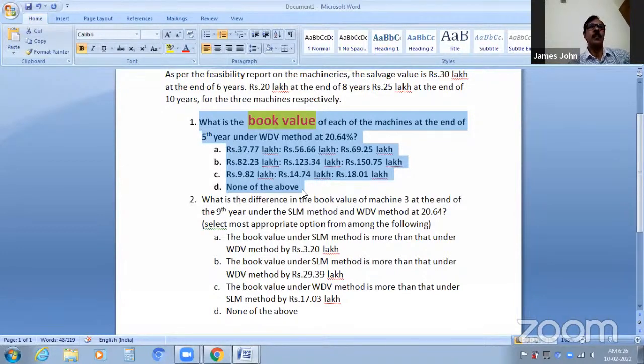Total depreciation. Actually, you taught us year-wise, sir: first year this much is the depreciation, second year this much. Yes, in the last class I taught you that. It is the same, but there you have to calculate every year: first year, second year, third year, fourth year, fifth year.